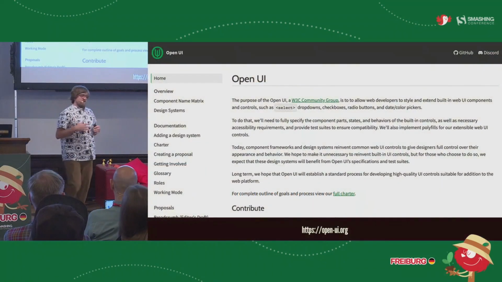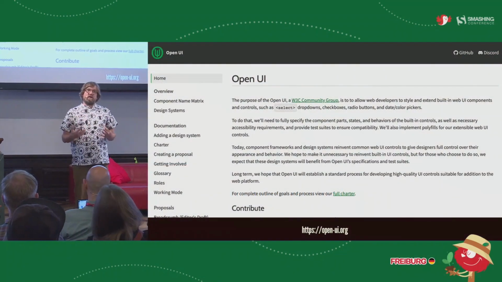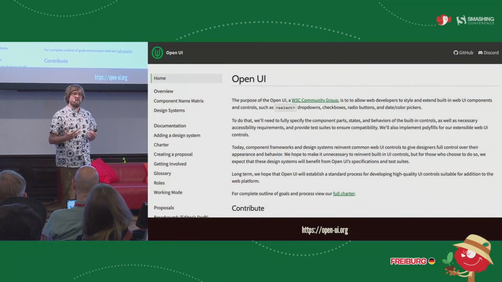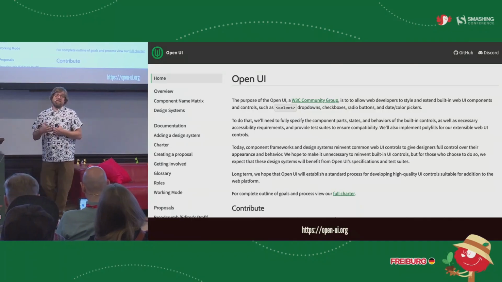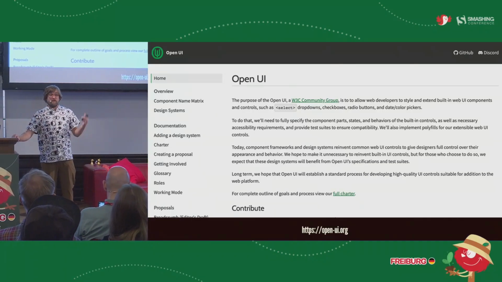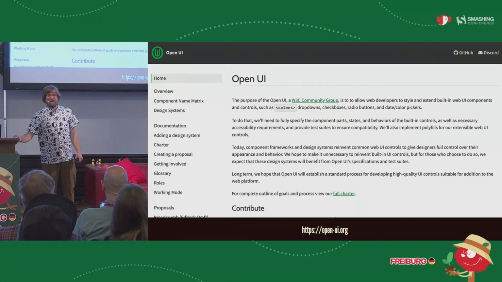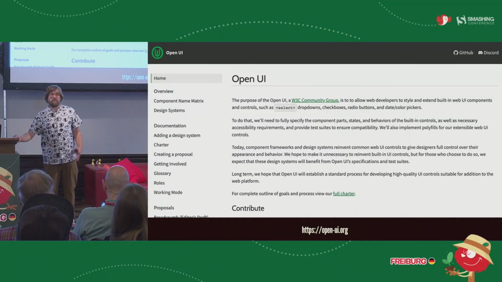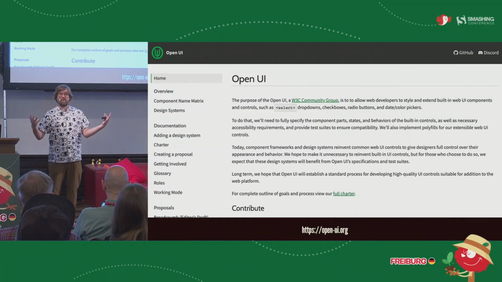But also, just to repeat too, if you want to get involved with the Open UI initiative, that is an open community. We're in the process of figuring out how we should name our CSS classes, and how we should write our HTML. What are the principles? What are the actual conventions that we're all going to follow?